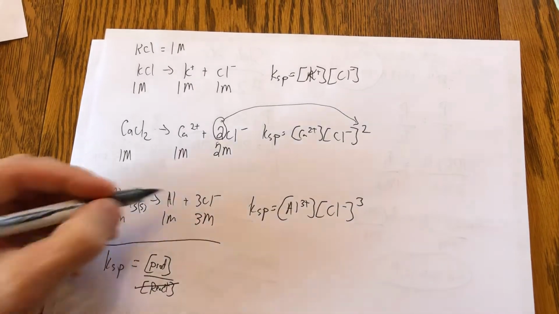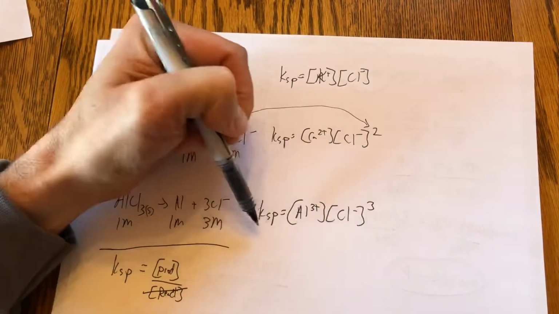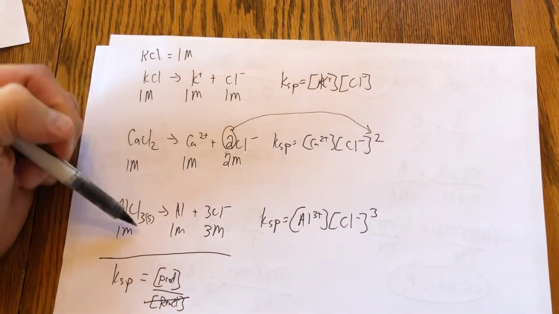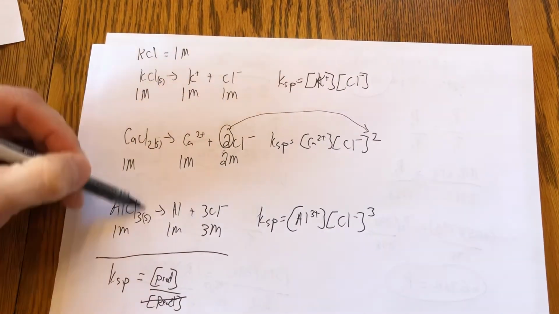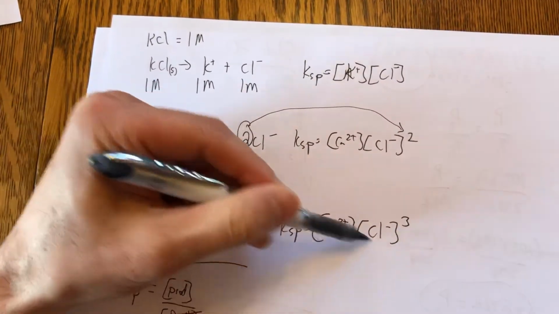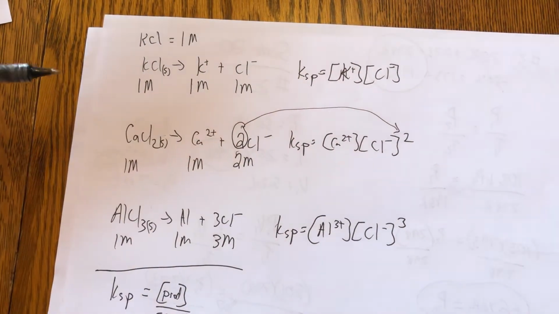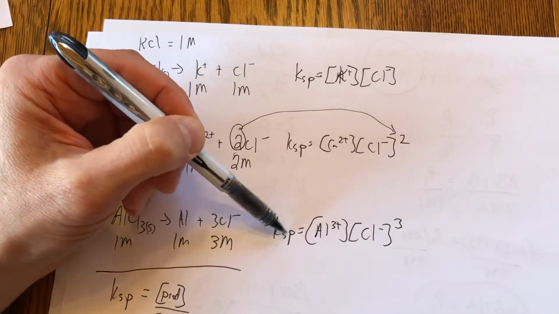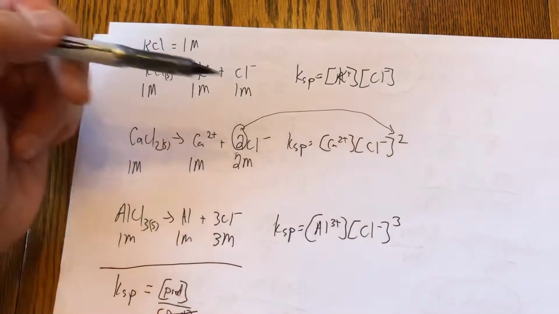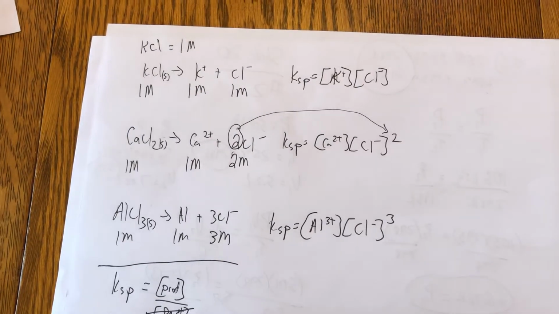Okay? And there is no denominator, all right? Because on each of these, the reactant is a solid, and so you don't put solids into the equation because you can't get the molarity of a solid. So what SP stands for is solubility product. So we're only using the products, not the reactants, to solve these.